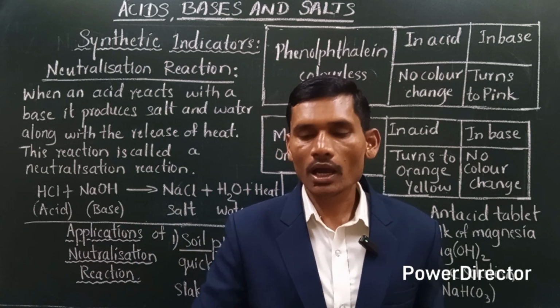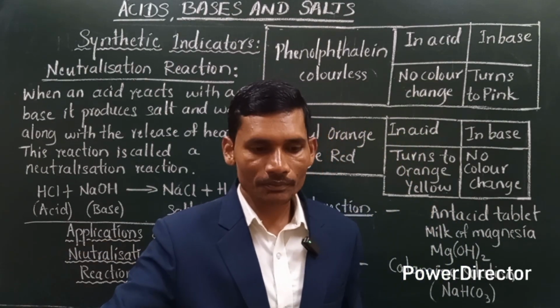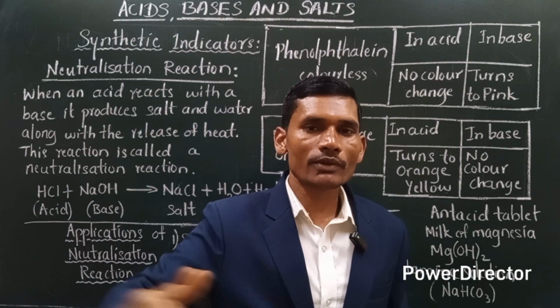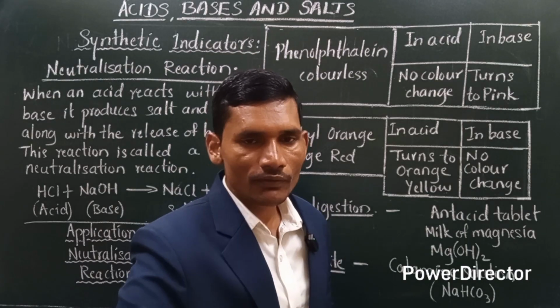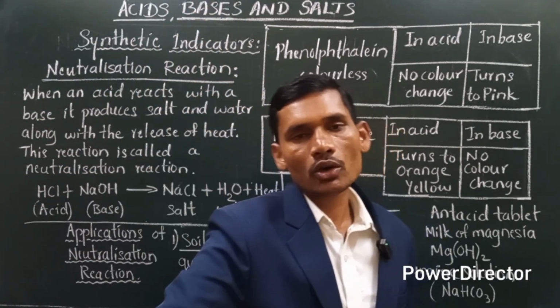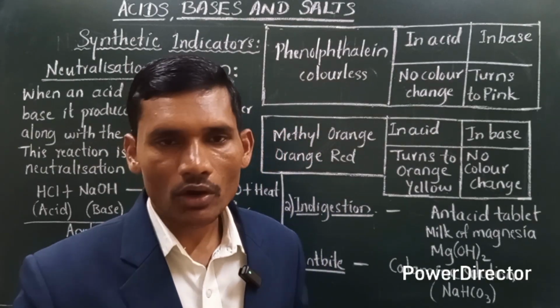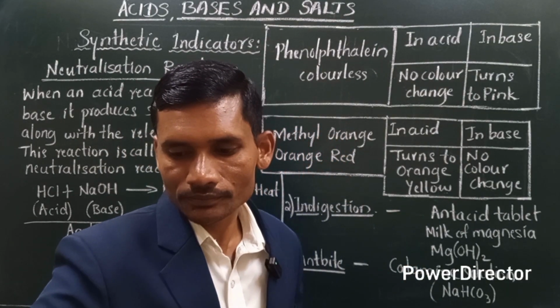The yellow color changes to red as long as the indicator is present. As you keep putting more water and wash away all the indicator, it becomes yellow again. And if you add acid to the red color, it changes back to yellow. So this is the test of turmeric indicator in presence of acids and bases.